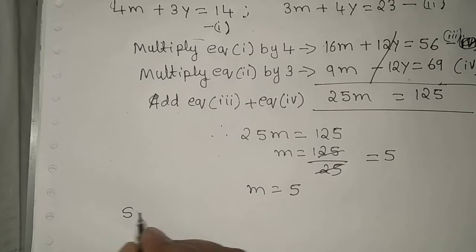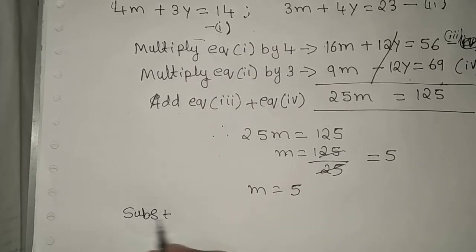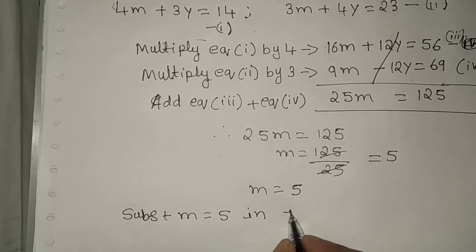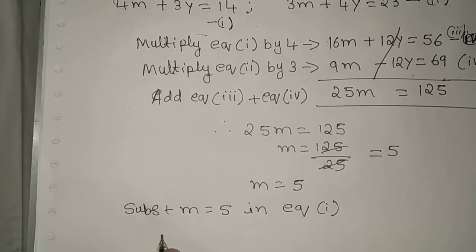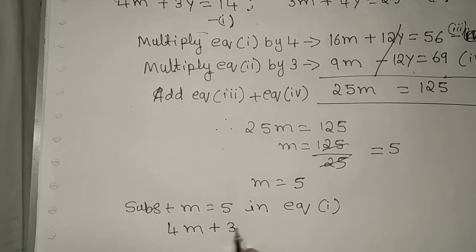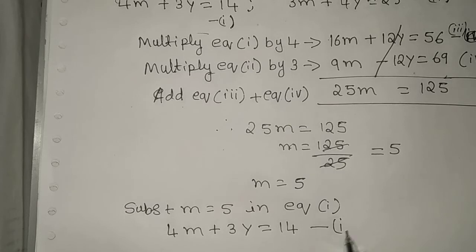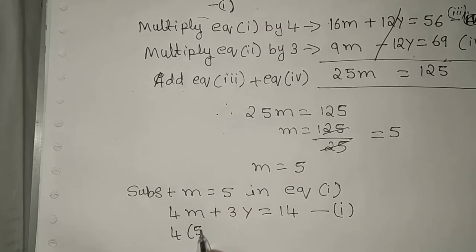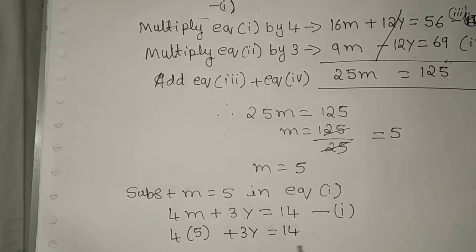Next step is to substitute m is equal to 5 in equation 1. Equation 1 is 4m plus 3y is equal to 14. Substitute: 4 into 5 plus 3y is equal to 14.